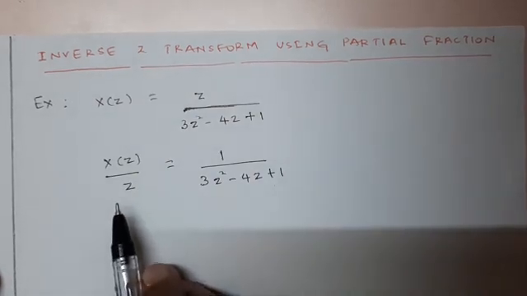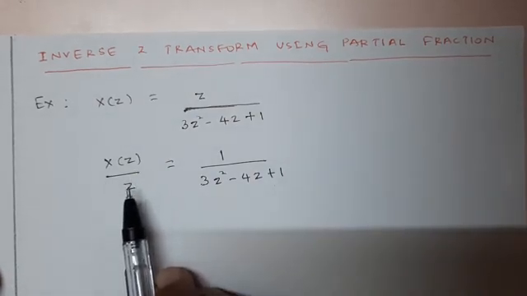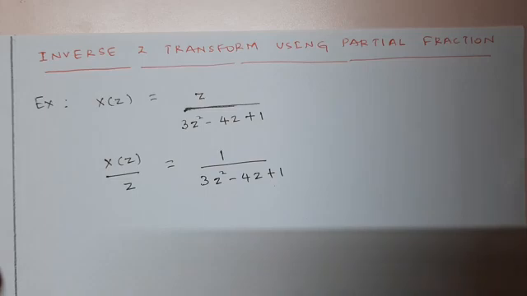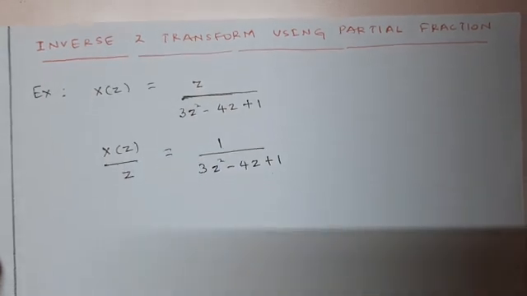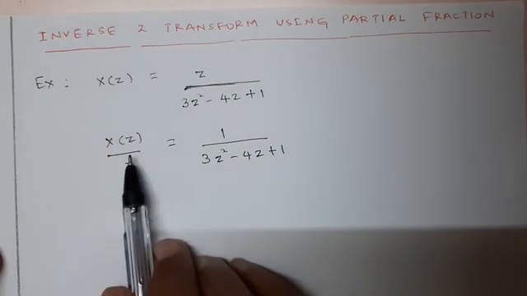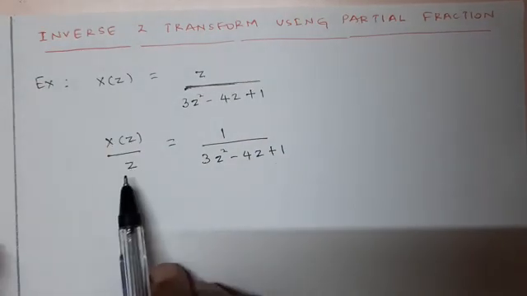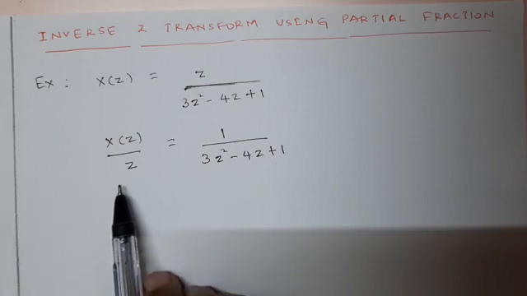You will appreciate this procedure when I go to the last step after solving this. Why have I taken this z on the left side? Always try to represent the left side as X of z by z.